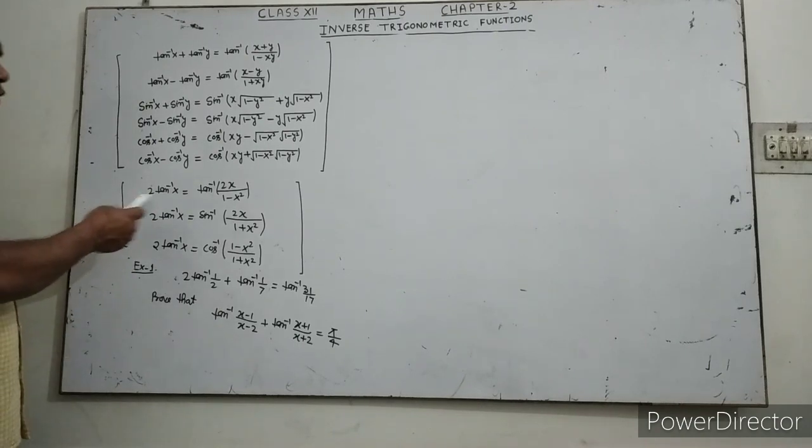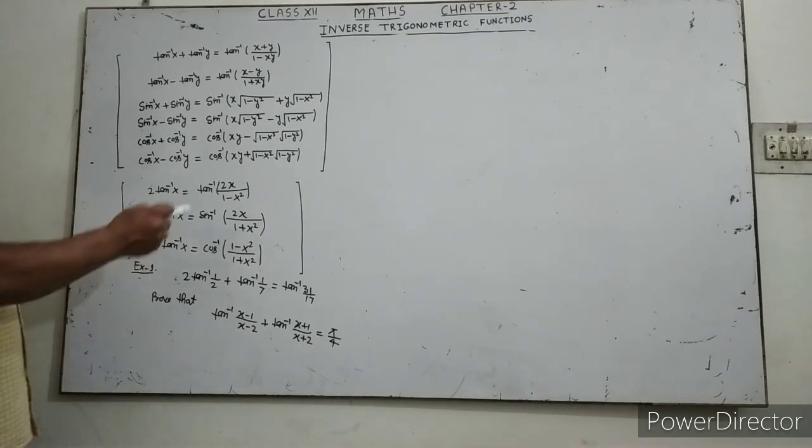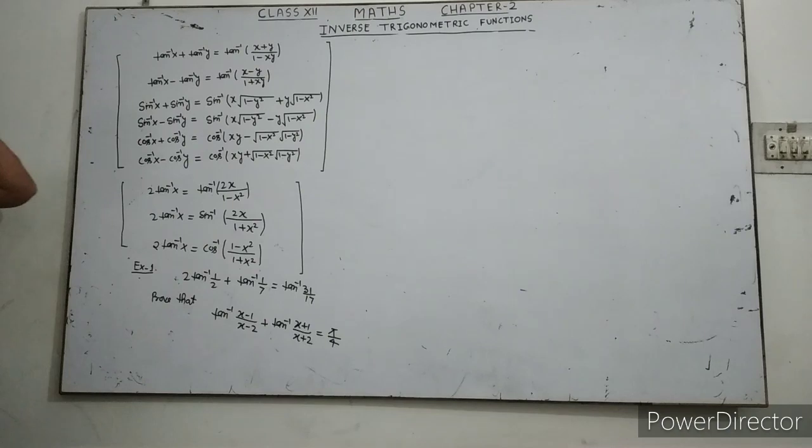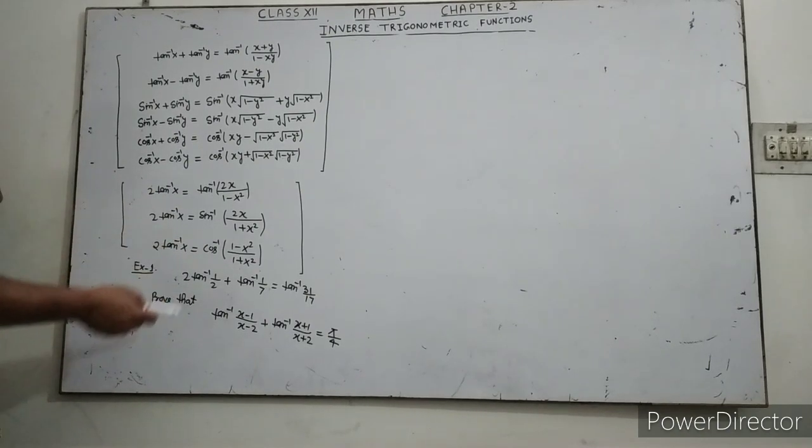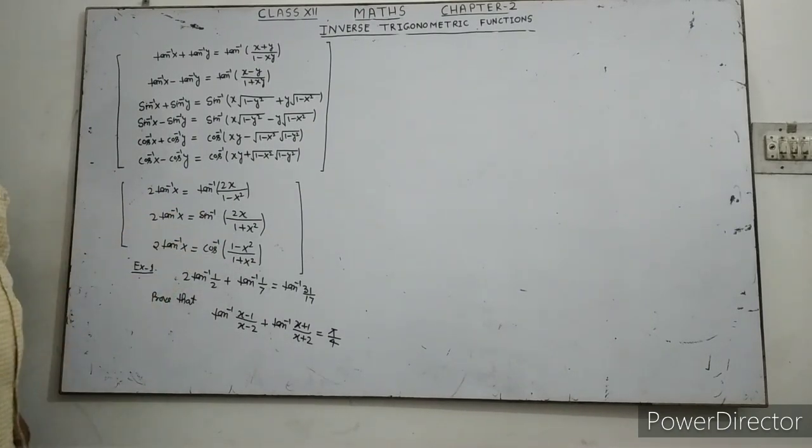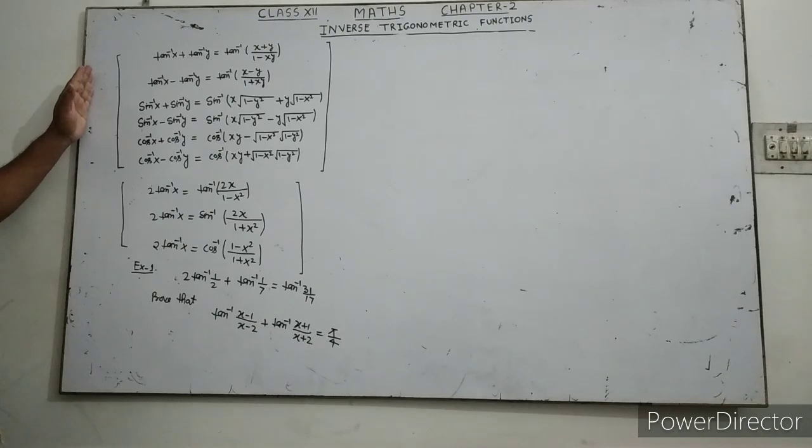Now, 2 tan inverse x is tan inverse of 2x over 1 minus x square. 2 tan inverse x is sin inverse of 2x over 1 plus x square. 2 tan inverse x is cos inverse of 1 minus x square over 1 plus x square. You remember this formula from the book. This is a very useful formula.